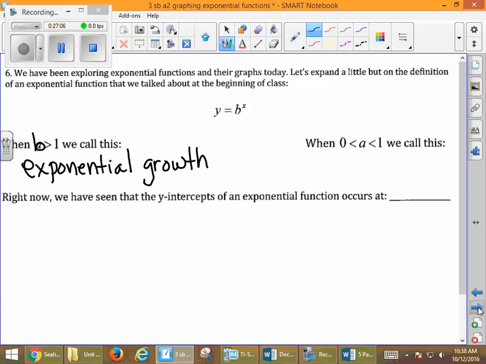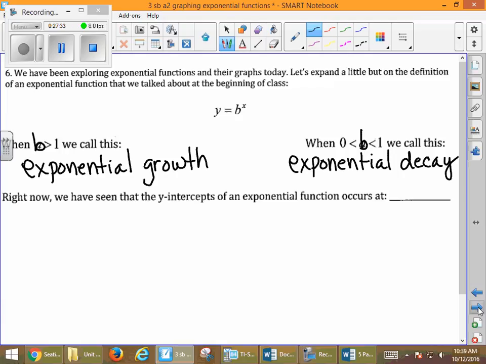But when b is between 0 and 1, we call this exponential decay. If you look at our graphs, they are all decreasing.